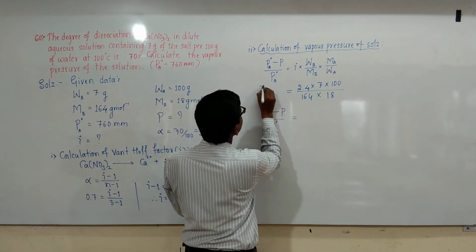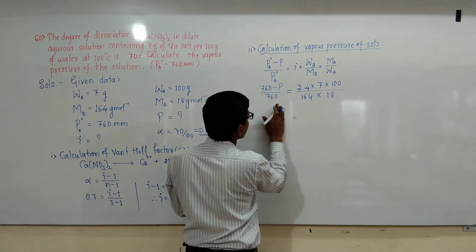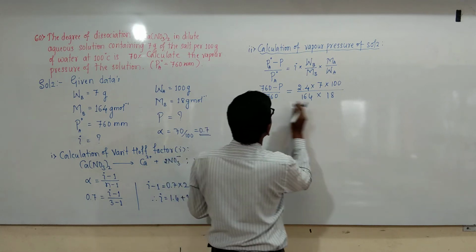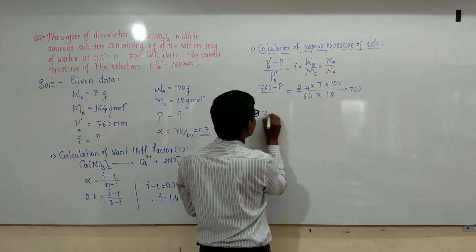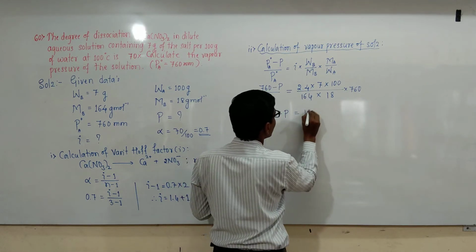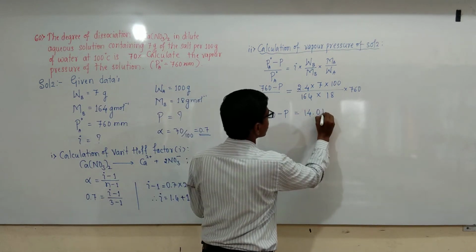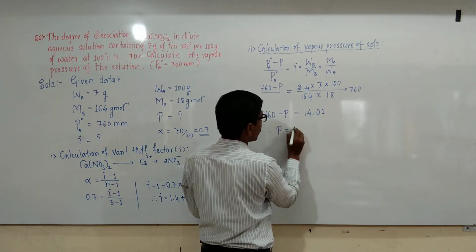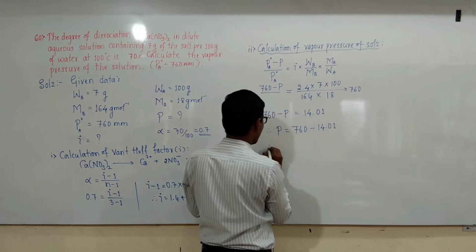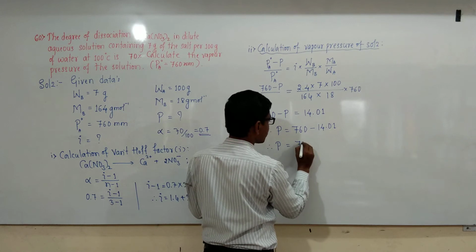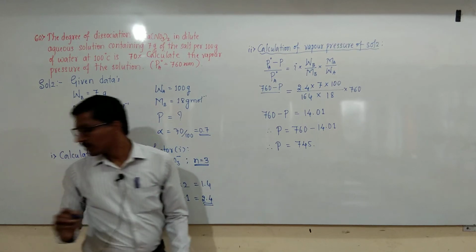Substituting the value, that is (760 minus P) divided by 760, equals this value, so 760 minus P is equal to 14.01. Therefore, P is equal to 760 minus 14.01. Therefore, the vapor pressure of the solution is 745.99 mm.